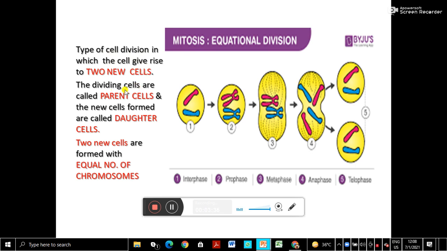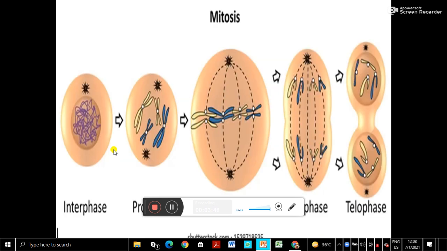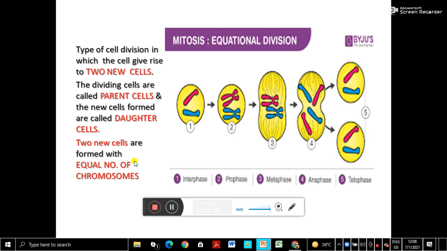The dividing cells are called parent cells, and the new cells formed are called daughter cells. The two cells which are formed contain exactly the same number of chromosomes. That is why this cell division is known as equational division.